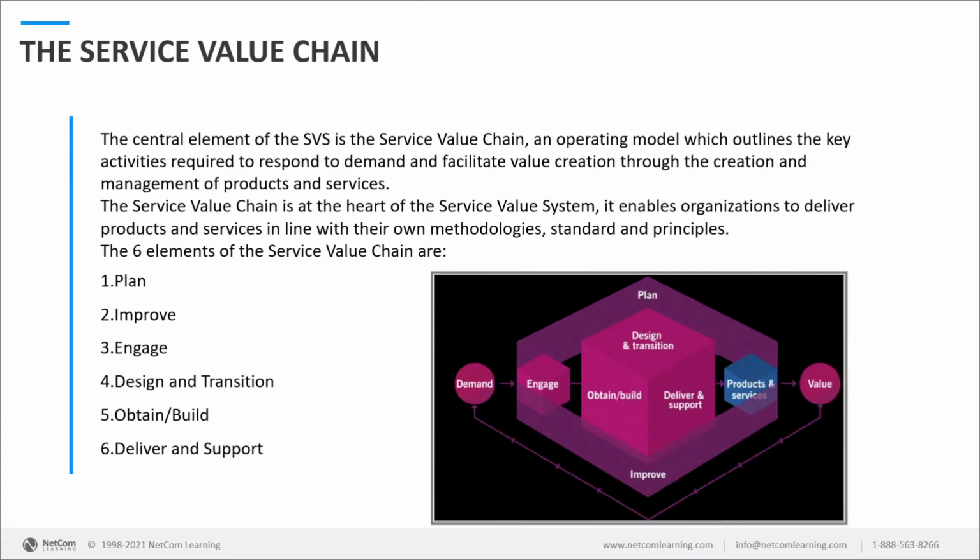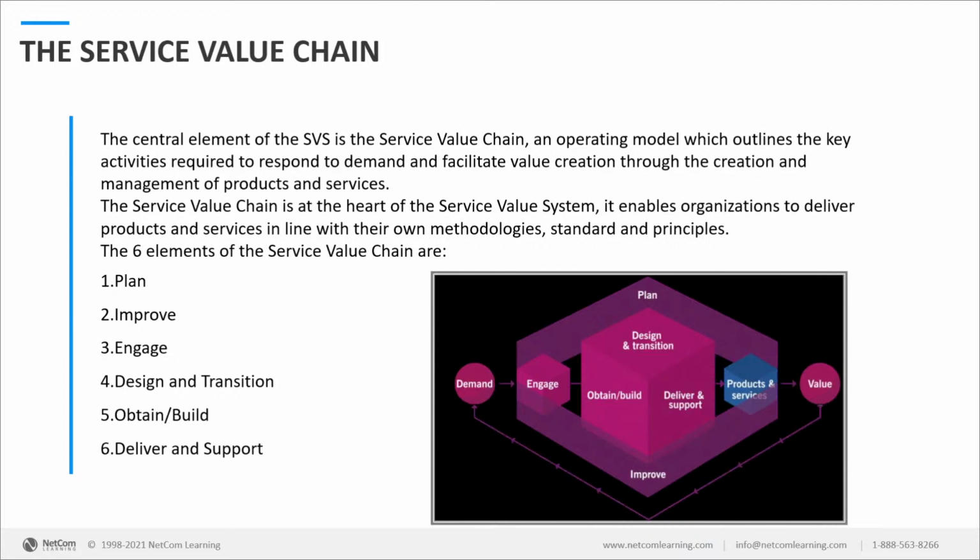Just because in the slide they've been mentioned as 1, 2, 3, 4, 5, do not consider that this is the sequence of these elements to be followed. No. Always remember, there is no defined sequence. ITIL is not defining any sequence. This is just to give you a number, showcasing that yes, there are 6 elements.